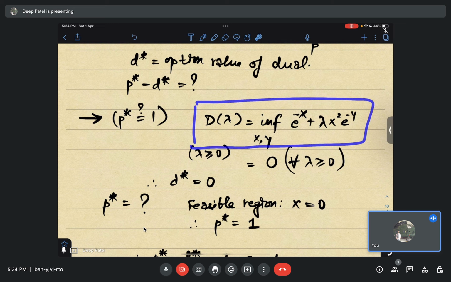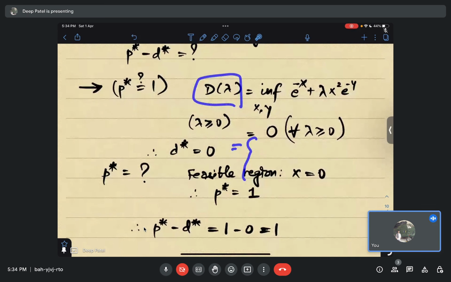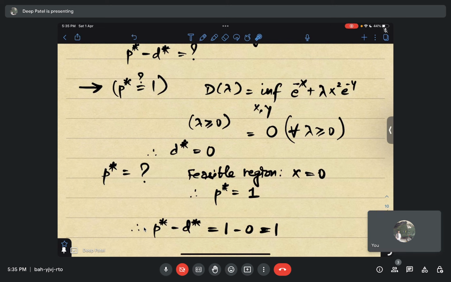A lot of times you end up breaking the objective into many cases, and accordingly you get a form for the dual, and then you maximize that concave dual function, which ultimately gives you the convex problem.